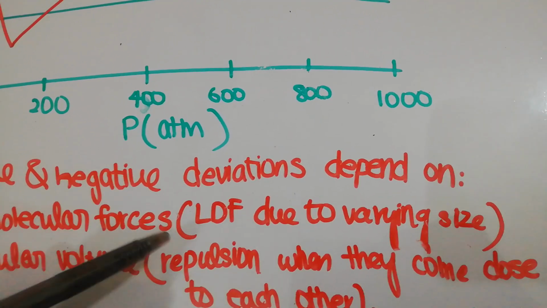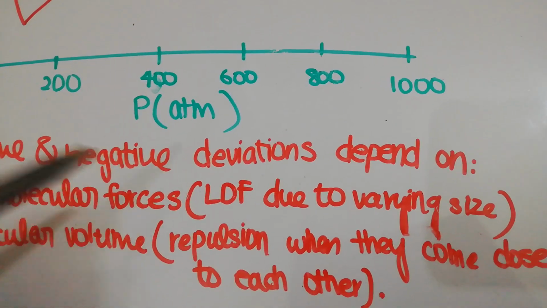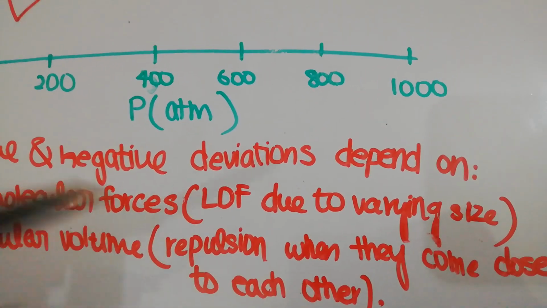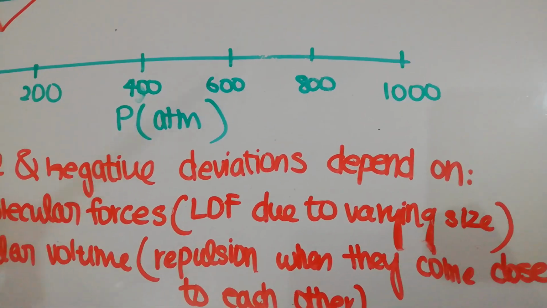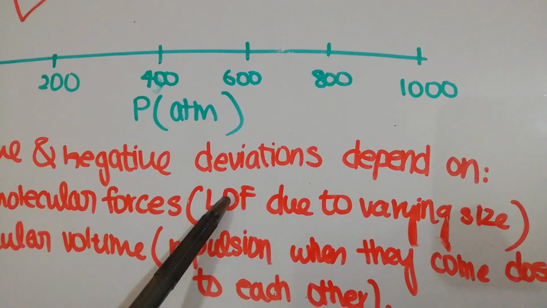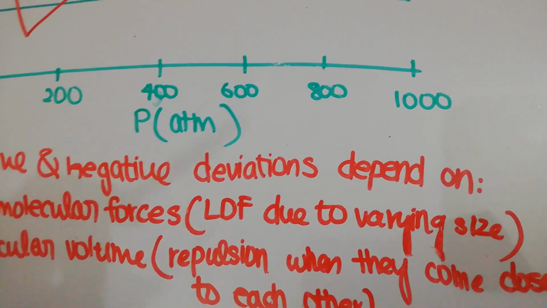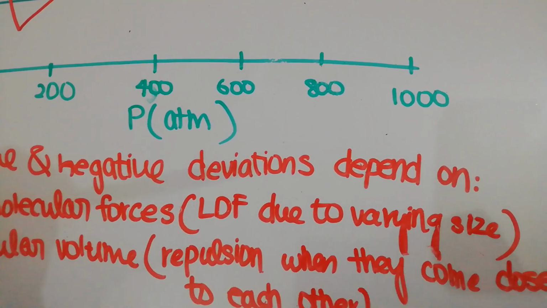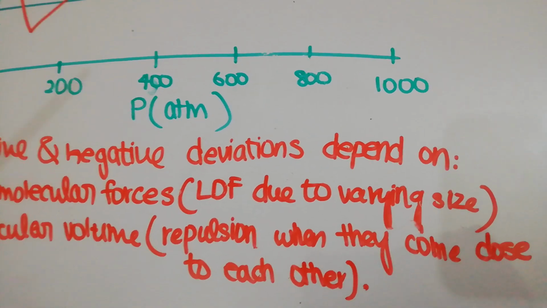Now we know that London dispersion forces depend upon the size, meaning the greater the size, the greater the London dispersion forces are going to be, meaning that the attractive forces are going to be more. So if a molecule's size is more, the London dispersion forces in the molecule are going to be more, and they're going to be more attracted towards each other.